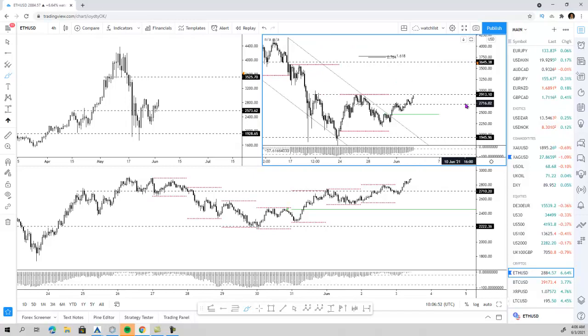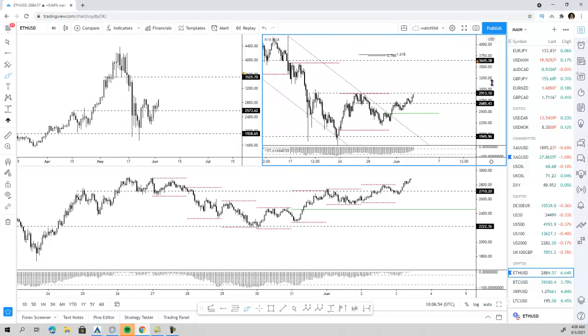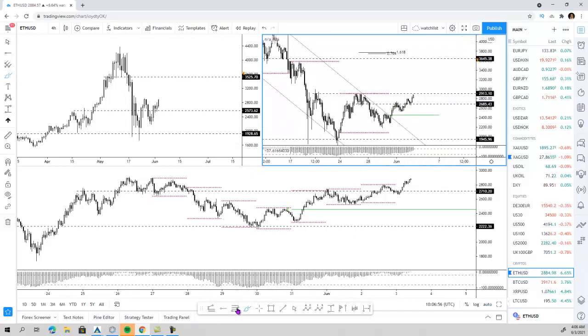So what we are going to do is wait and see if we break and hold the 2900 level, and here is where we're going to look for buys, and I'll keep you posted on those buys in the VIP group, right?